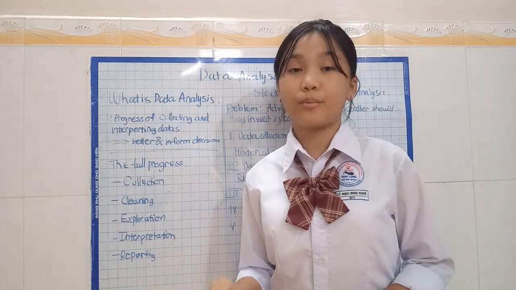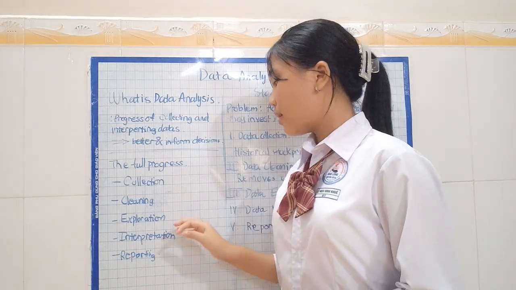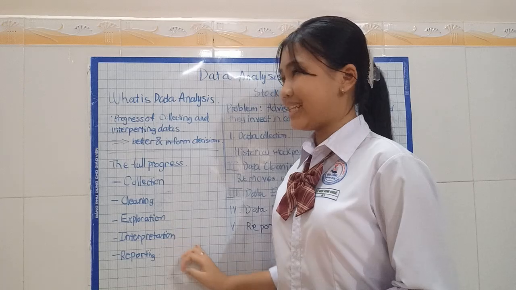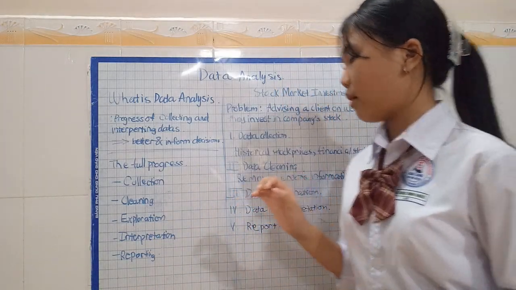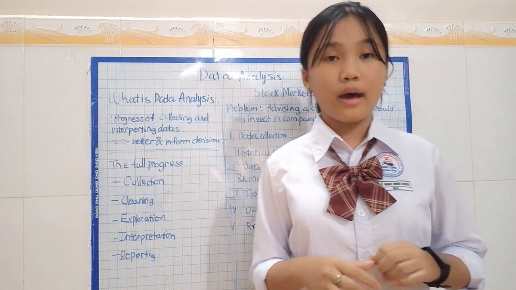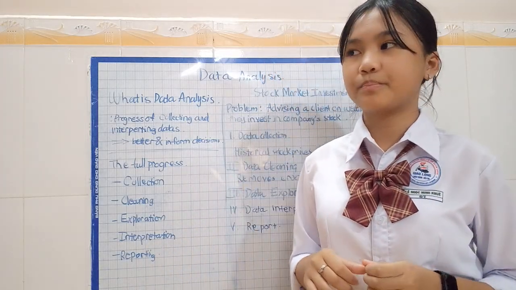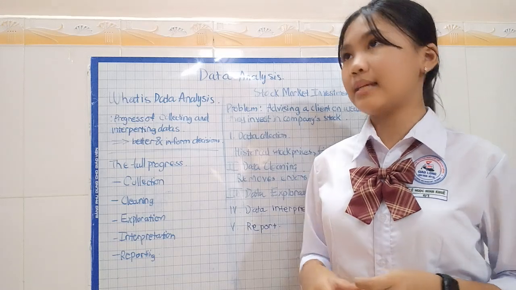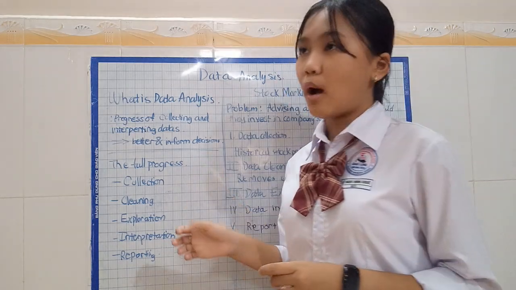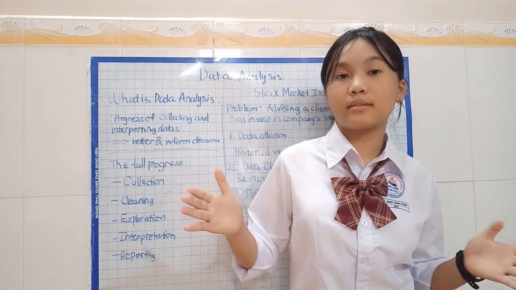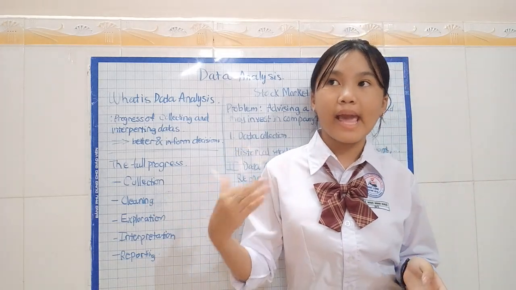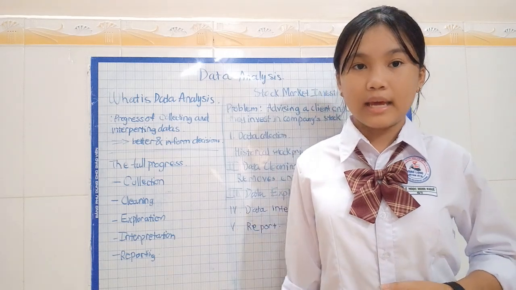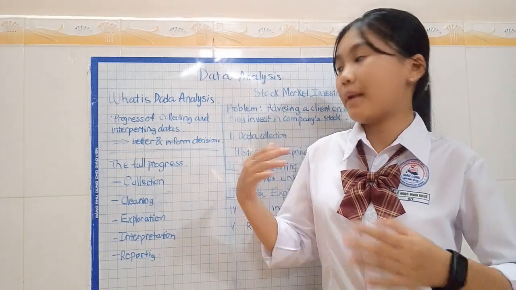Next is interpretation. In this step we are going to look at whether or not there is anything wrong with the data. Like let's say the data is calculating the amount of people who buy product A in that holiday month.